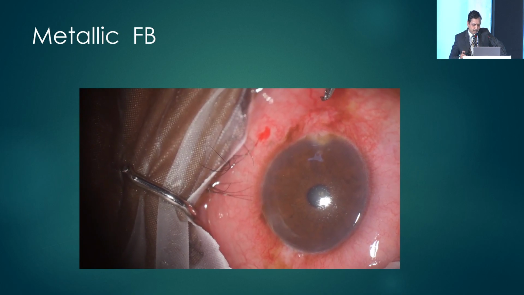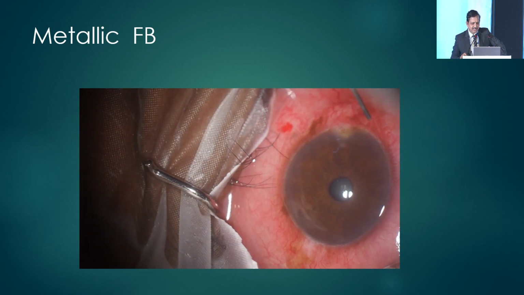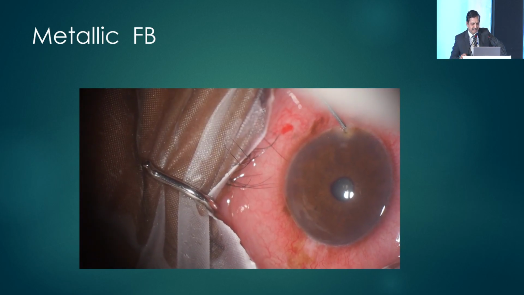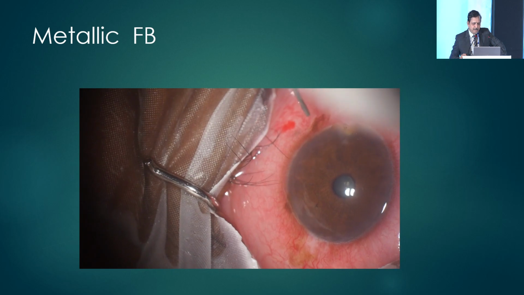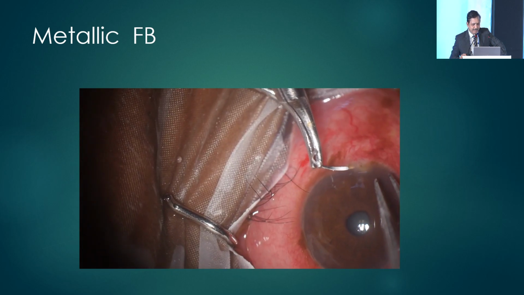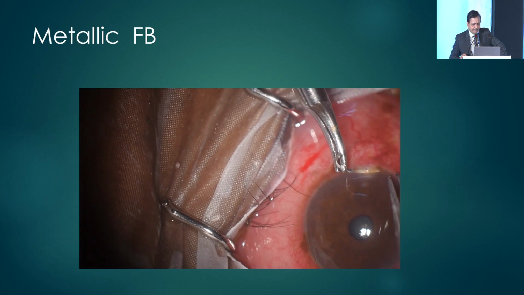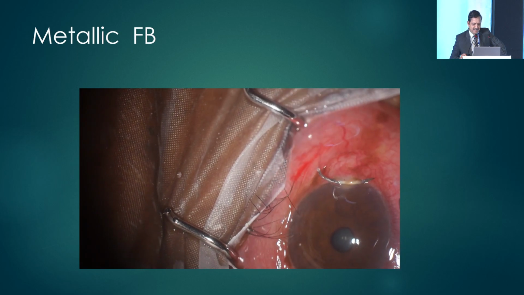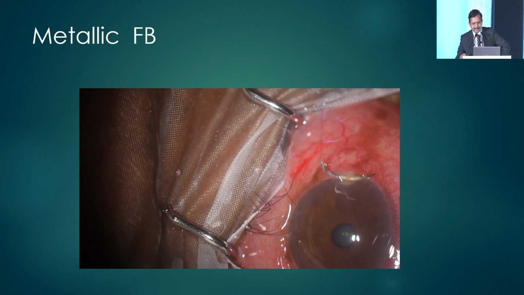Since it was through and through, one stitch had to be taken. Already the infiltration had started, so we put this patient on intensive antibiotic therapy, topical antibiotics for a longer period. One has to do a Seidel test in every case of foreign body to make sure whether the foreign body has entered or not, or whether the corneal wound is open or not.